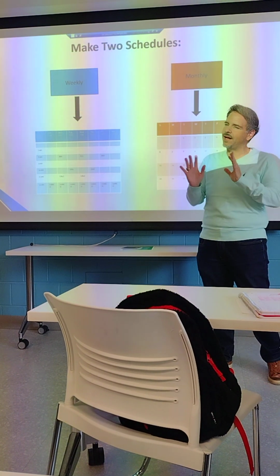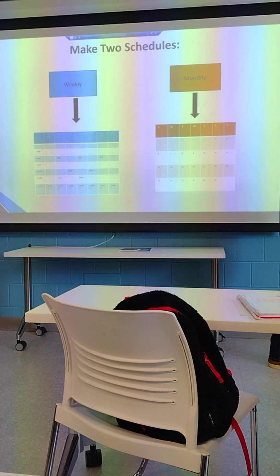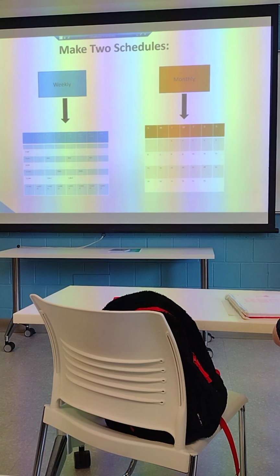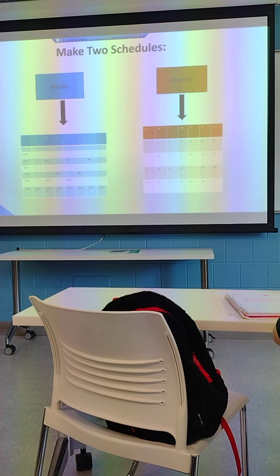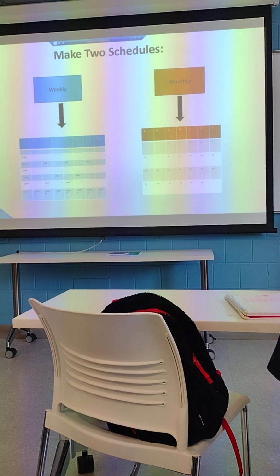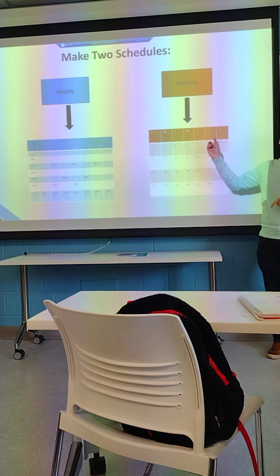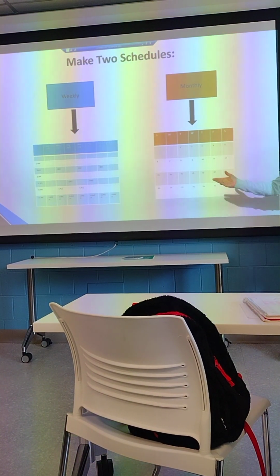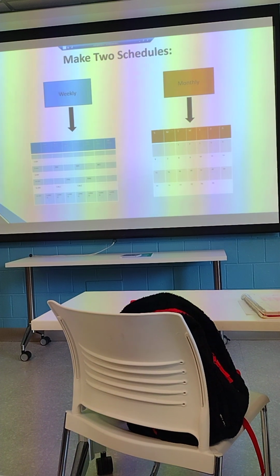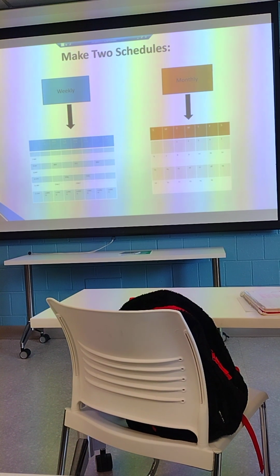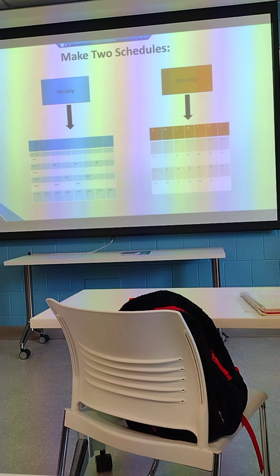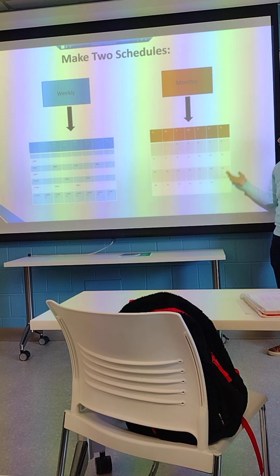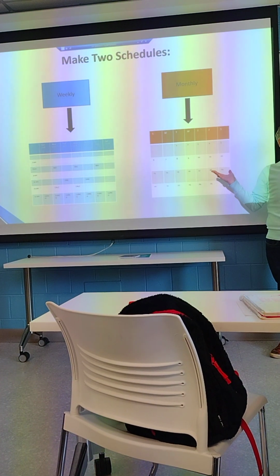I usually have one that will pop up anywhere in a class, just to make sure people are following along, right, and always prepared. So you put your tests in here, you put your important deadlines, your papers, things like that in here. And important dates, events that you have to go to, doctor's appointments, things like that. Right? And your iPhone, your Android phone, all of them can very easily keep track of this.